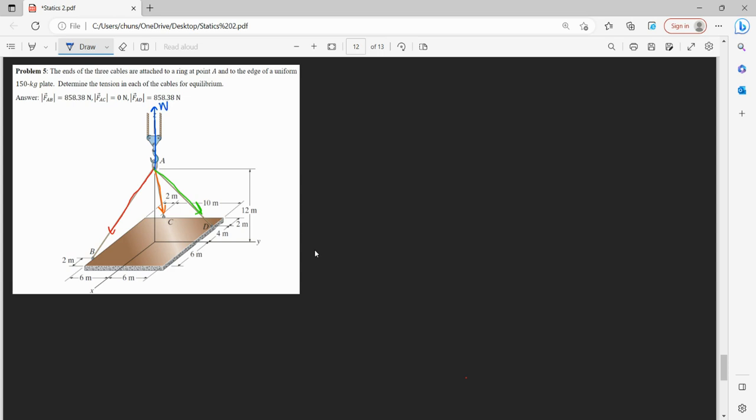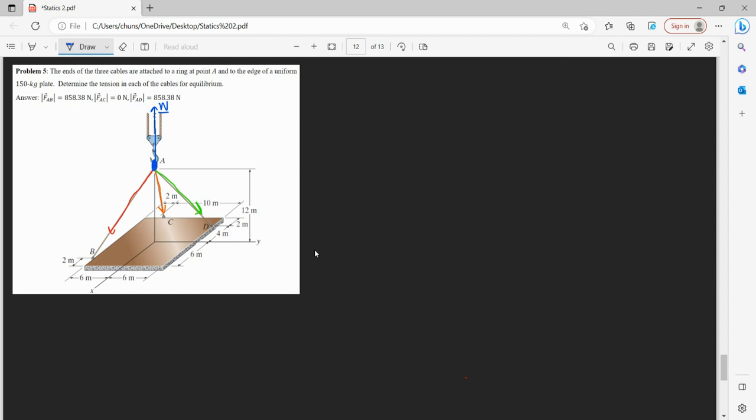Right? And this can be explained with Newton's third law. For every action, there's an equal and opposite reaction. So even though your intuition is telling you that the plate is weighing down this way, because of the point we're measuring it at A, at A we are being pulled down by our tension from our cables, that means we would need to have this to resist it in order to create equilibrium.